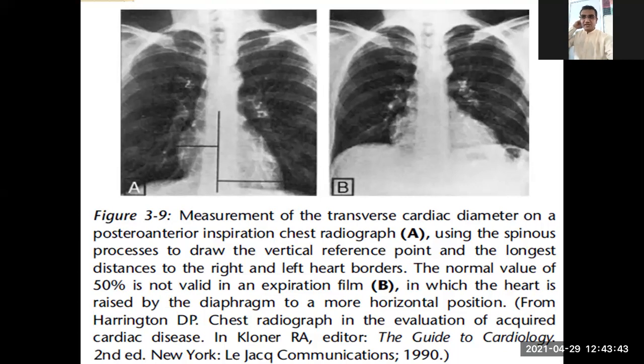See, both the clavicles are very symmetrical. This is the tracheal shadow. Because the trachea contains air, it looks black. But around the trachea there is a cartilaginous ring which contains calcium, so it looks white also, while inside it contains air, so it looks black.